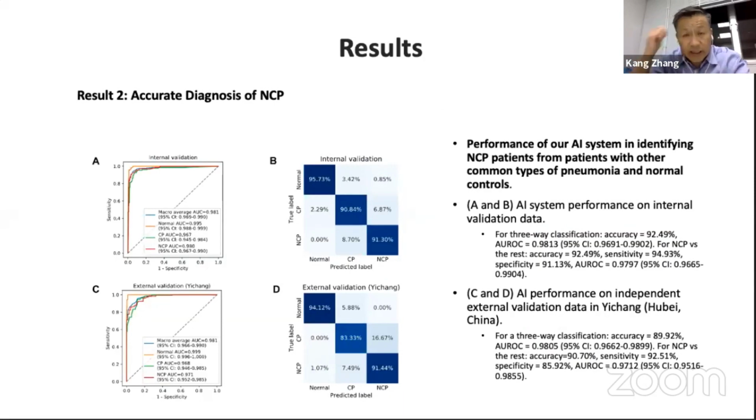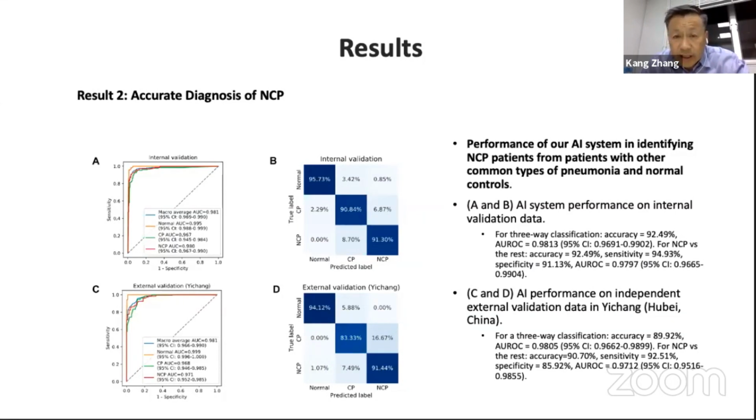So as the first initial attempt to address the diagnosis of novel coronavirus pneumonia, which we call NCP, we took a few thousand patients and over 300,000 slices as a training and also internal validation cohort.